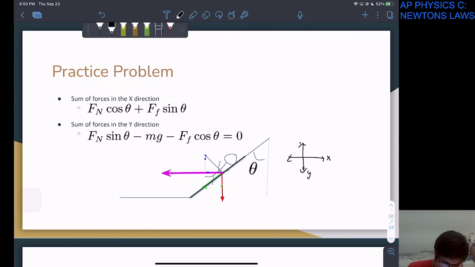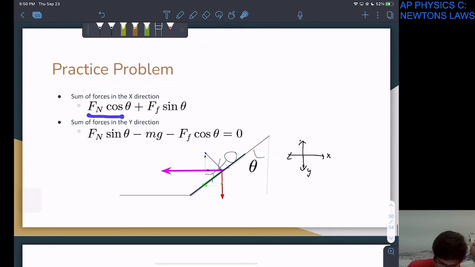Okay, so what are some of the forces in the x direction? In this case, we have a normal force that's pointing this way. Our x component is going to be the normal force times the cosine of theta. So this angle is equal to this angle, so we get this term.